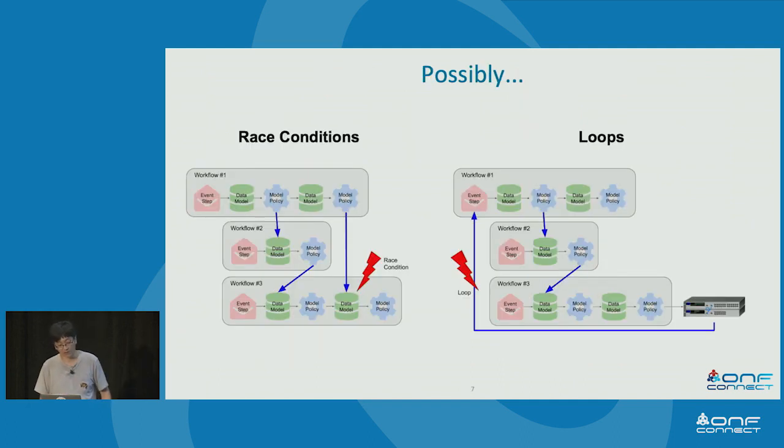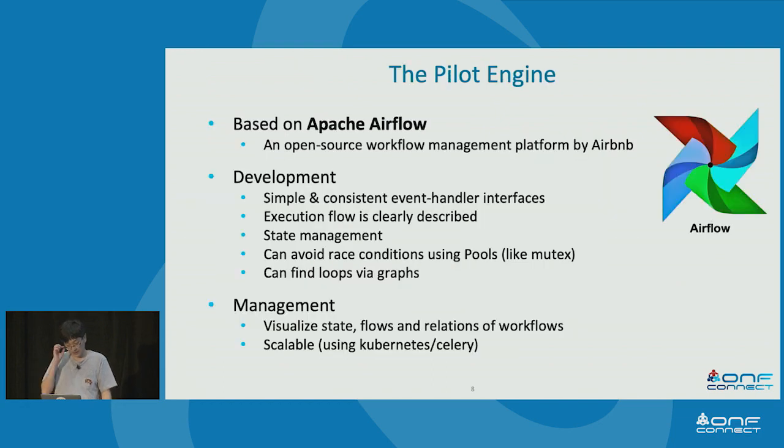It is also possible that a workflow can cause race conditions or loops, but it is difficult to find these possible race conditions or loops between multiple workflows in a system without a clear understanding of their relationships. So to address these difficulties and limitations of the synchronizer-based workflow implementation, I developed a proof-of-concept workflow management engine.